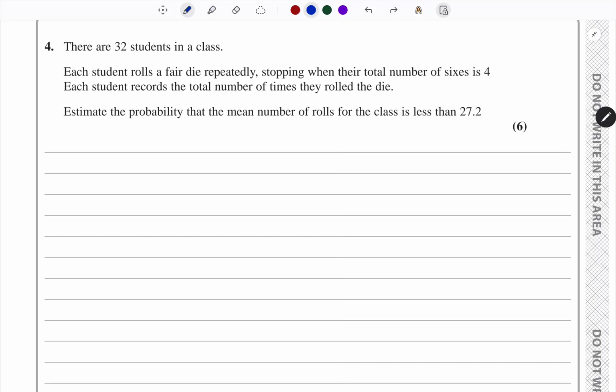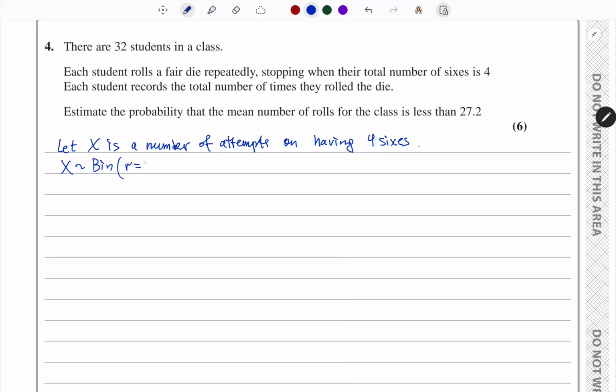Total number of sixes is 4, so it smells like a negative binomial distribution. Let X be the number of attempts on having four sixes. So X follows a negative binomial distribution. What are the parameters?